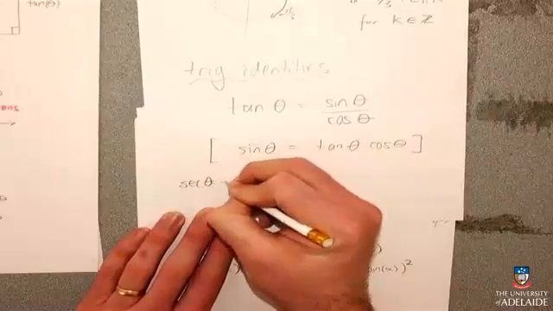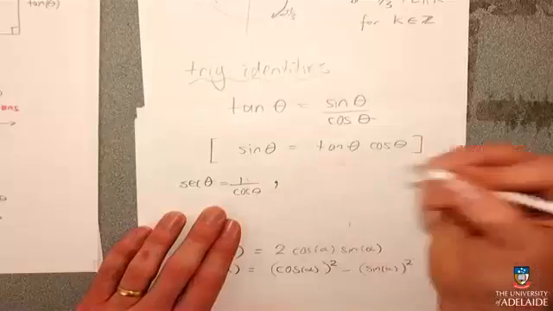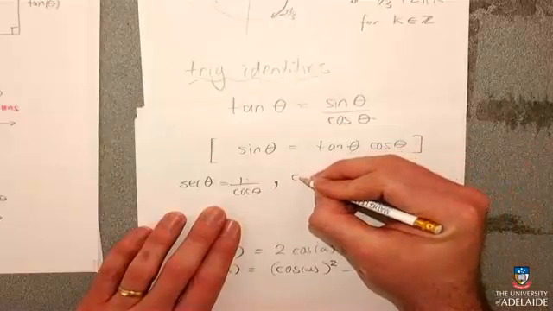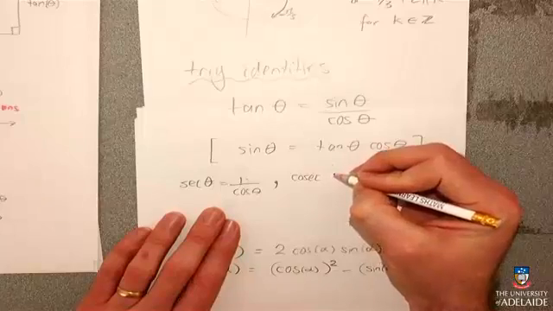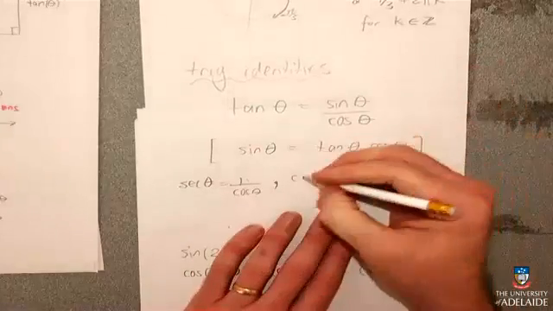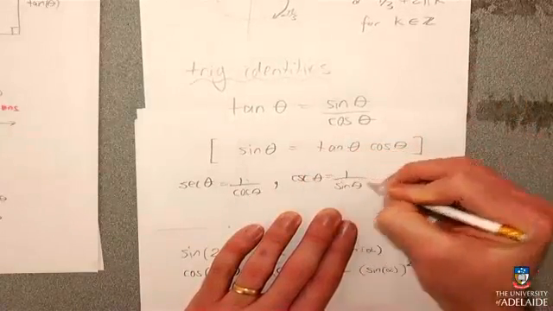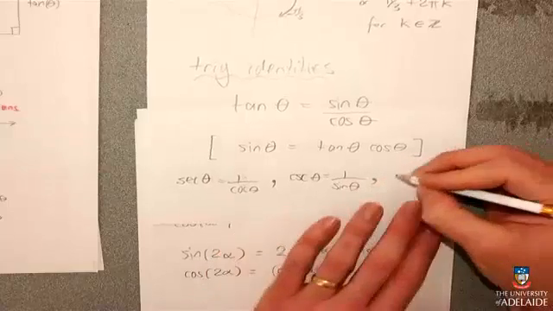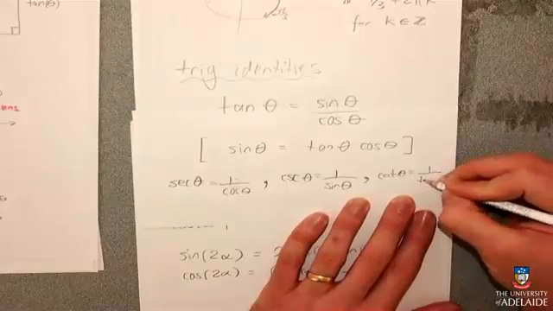Sec theta is 1 on cos theta. Cosec theta. Does your lecturer write that as CSC? Cosec theta is 1 on sine theta. And cotan theta is 1 on tan theta.